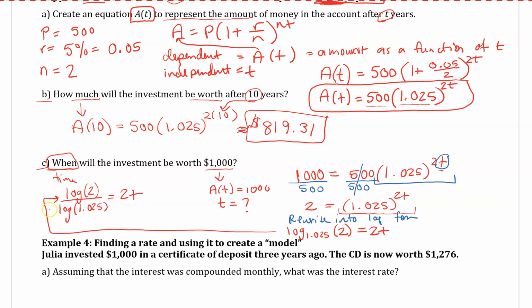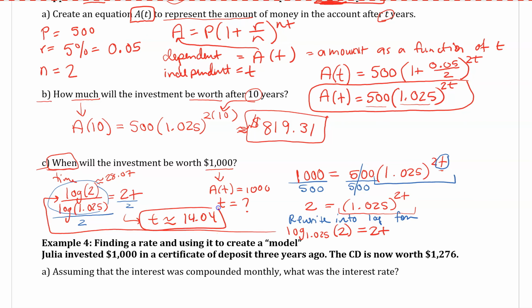So I'm going to get a decimal value for this, and then I'm going to divide both sides by 2 to get t. And then this will result in about 28.07 approximately, 28.07. And then I'm going to divide that by 2, and it's about 14.04.